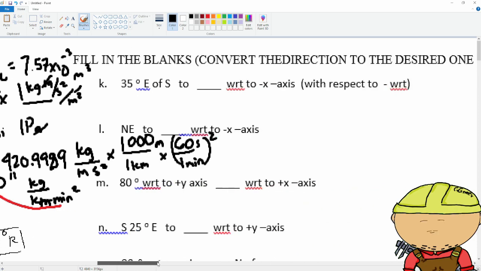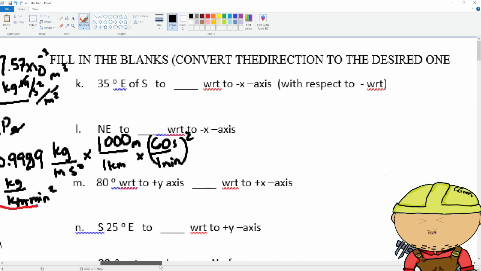What's this one? Fill in the blanks. Convert the direction to the desired one. Okay, so I think it would be helpful if we draw a diagram first. So for letter K, 35 degrees east. So let's do south, then 35 degrees east. East is on the right side. So this is 35 degrees, right? And it says with respect to negative x-axis.